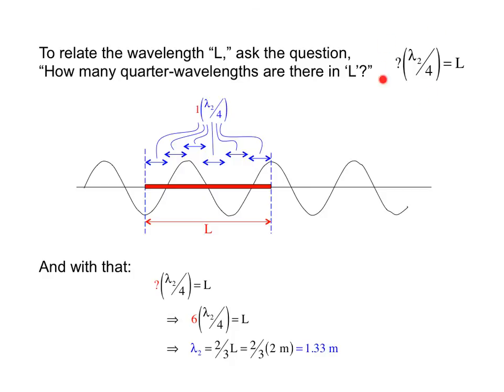So if we reproduce our relationship and we put in the fact that there are 6 quarter wavelengths in our standing wave, and we additionally identify L as being 2 meters long, which is what it was defined as in the problem, we can determine that the second longest wavelength that will stand in the system is going to be 1.33 meters long.